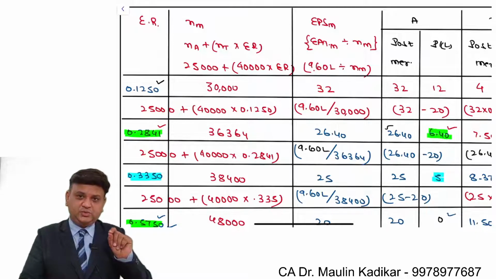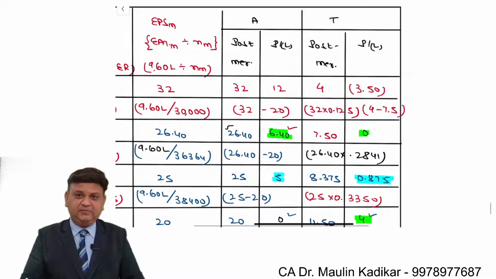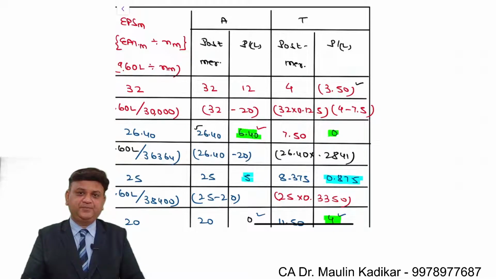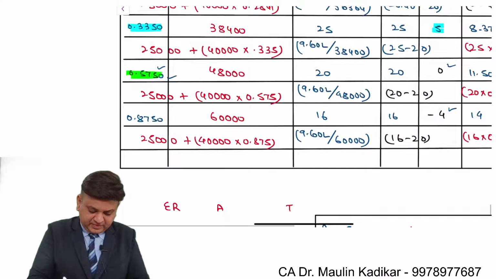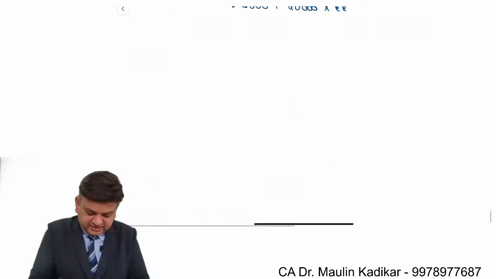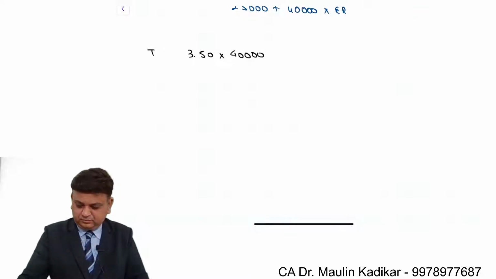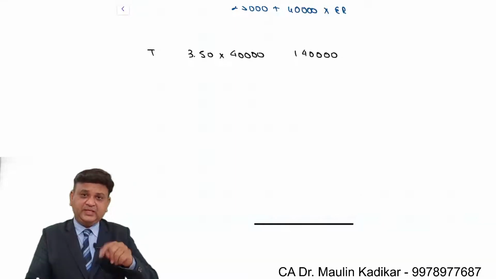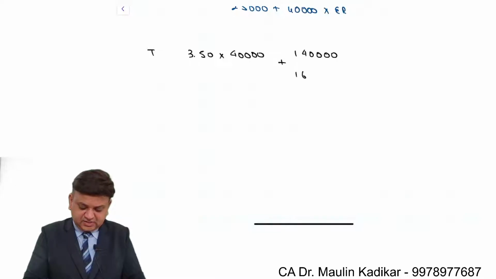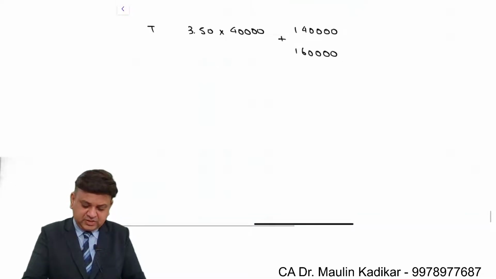However, if the exchange ratio is 0.1250, then the target company will have a loss of 3 rupees 50 paise per share. Multiplying by the number of shares of the target company, 40,000, the target company is incurring a loss of 1,40,000. There is an increase in the earning due to merger of 1,60,000. So there is a total increase of rupees 3 lakhs.